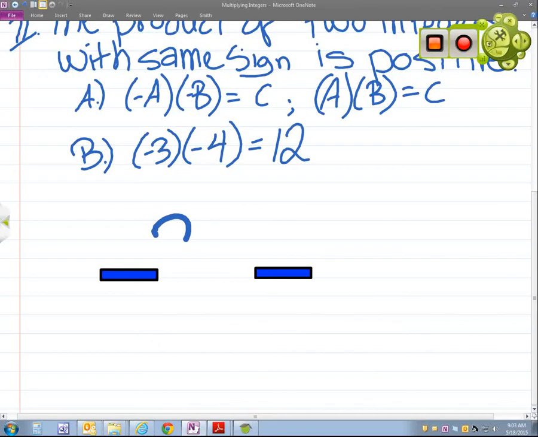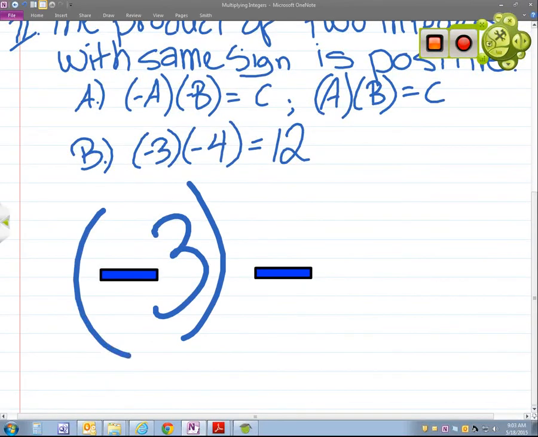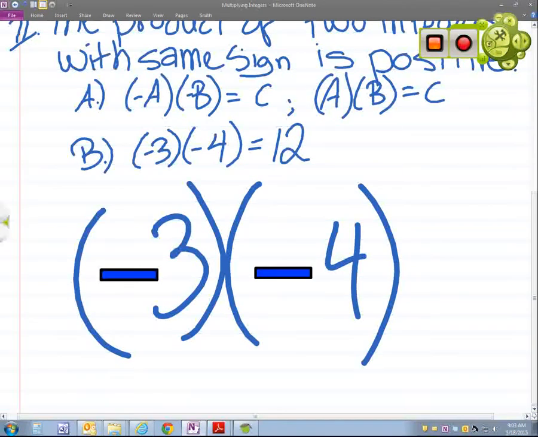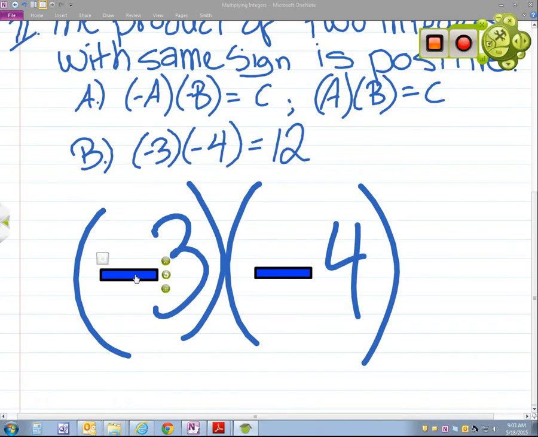If we had a negative 3 multiplied by negative 4, it's one of those situations where you could take this and flip it again, like that.